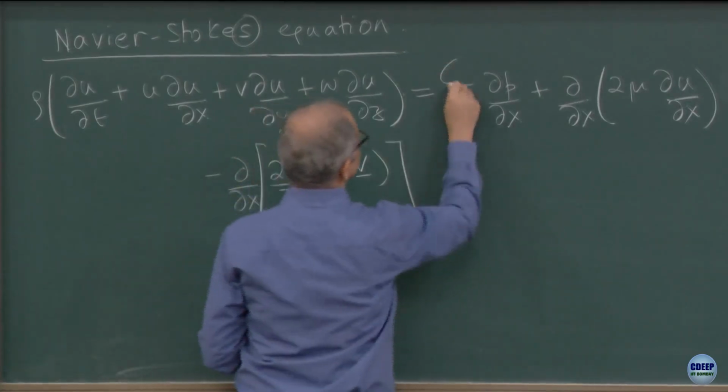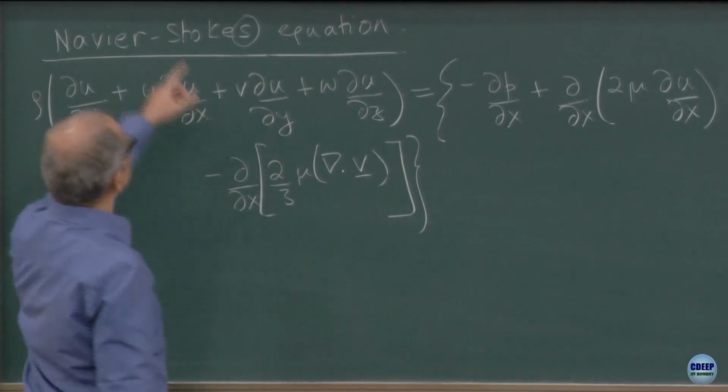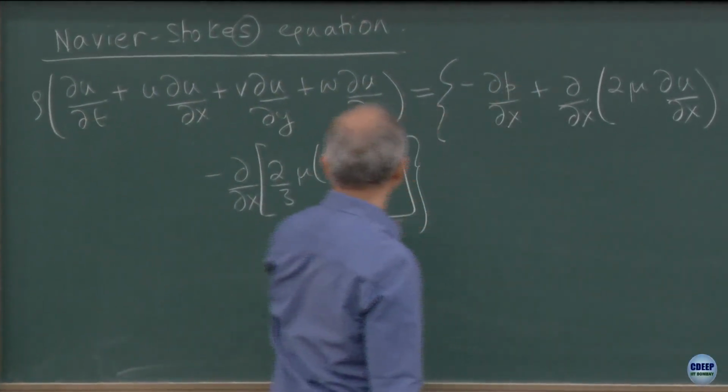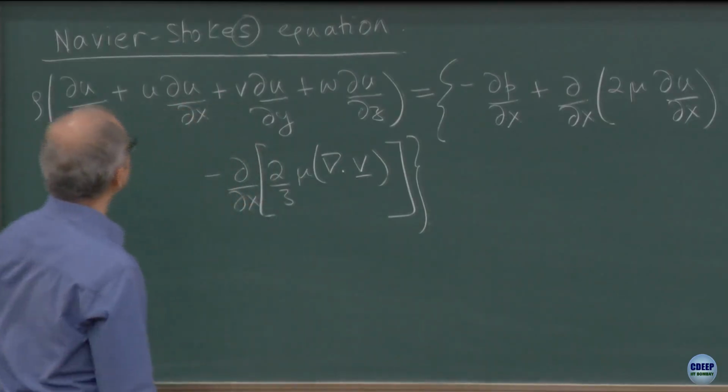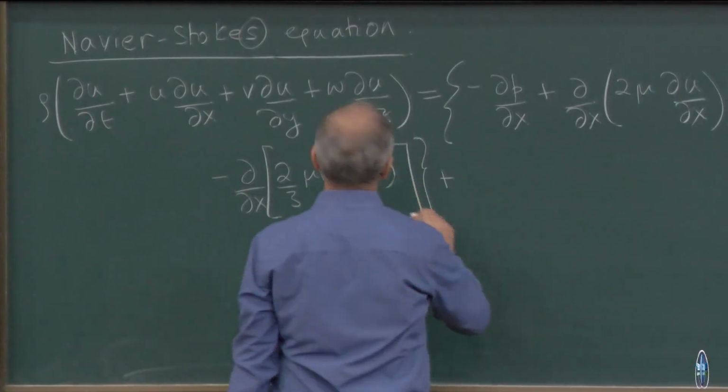So you can see that all these three terms are being generated by taking the derivative of the sigma xx term. So we get all these three terms from there. Now we have to take the derivative of the stress terms.